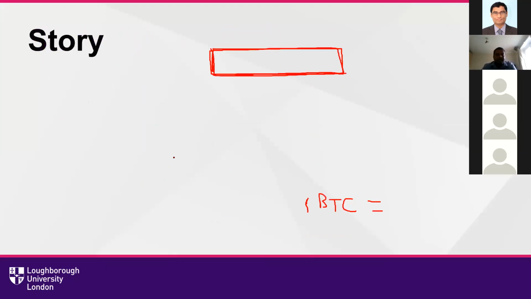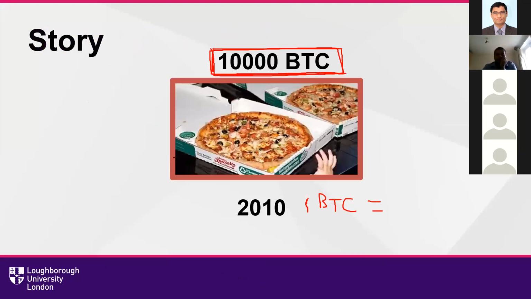In 2010, Bitcoin was not very popular. This guy spent 10,000 Bitcoins to buy 2 pizzas. Maybe these are the most expensive pizzas ever made on the planet.